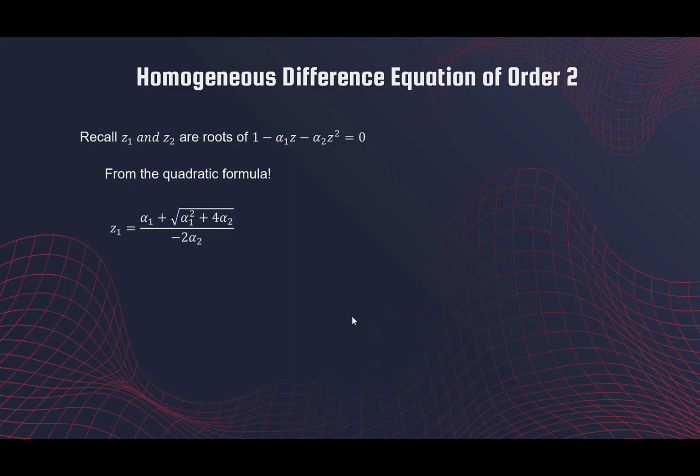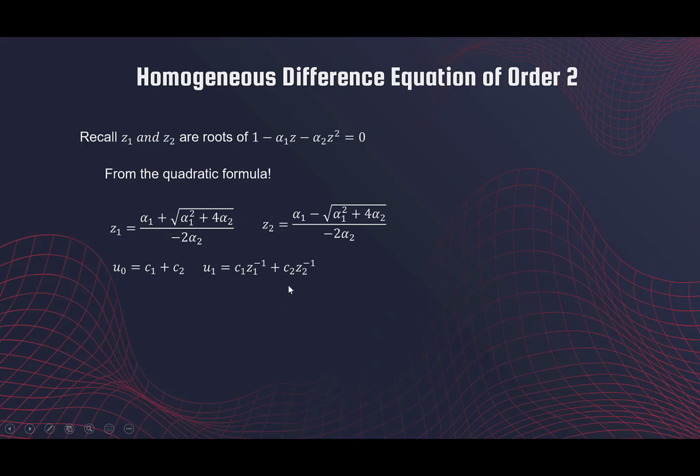So now we know that Z1 has this form and Z2 has this form, okay? So going back to our equations, we have U0 is C1 plus C2. We still need to find out C1 and C2. But now we know what Z1 and Z2 are, right? So alpha 1 and alpha 2 are known, and therefore Z1 and Z2 are known. We can calculate these numbers.